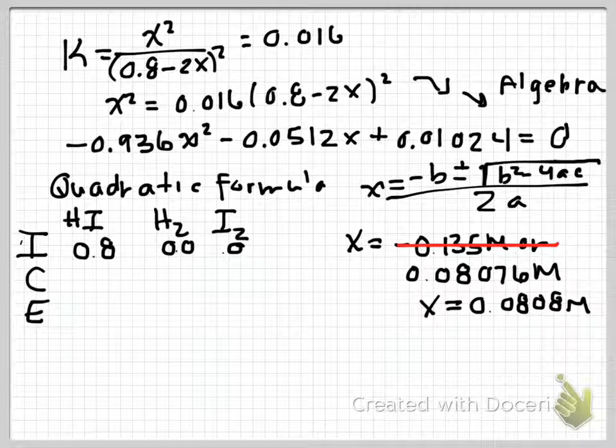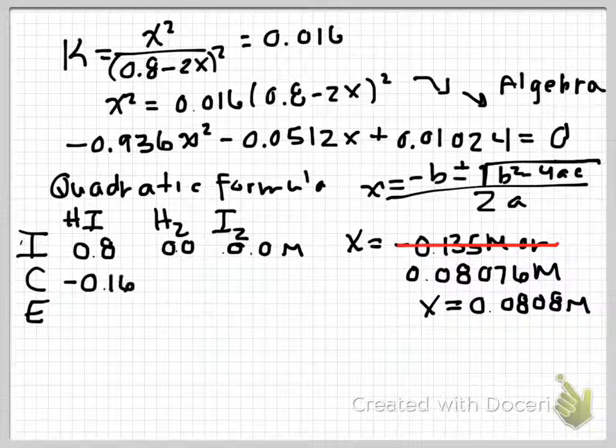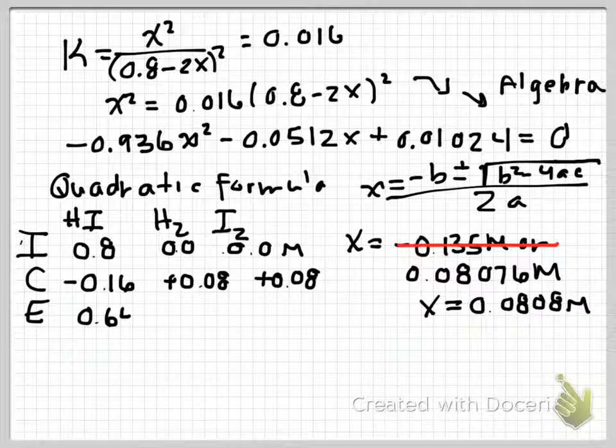My change, so it's minus 2x, which is going to be about negative 0.16, and I'm going to gain x for both hydrogen and iodine, 0.08 and positive 0.08 for the iodine.